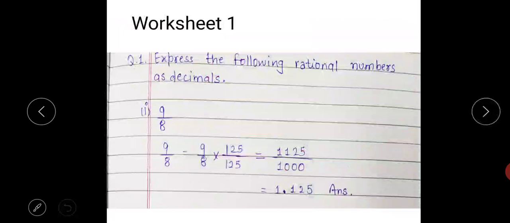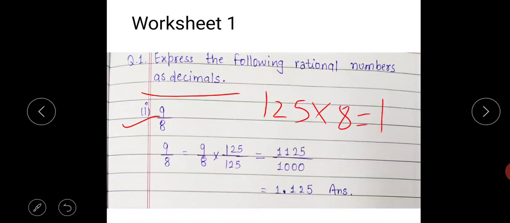Now worksheet 1, question number 1 is express the following rational numbers as decimals. Part first is the given rational number is 9 upon 8. First of all we have to make the denominator 8 a power of 10. For this we multiply numerator and denominator by 125 because 125 multiplied by 8 is equal to 1000.